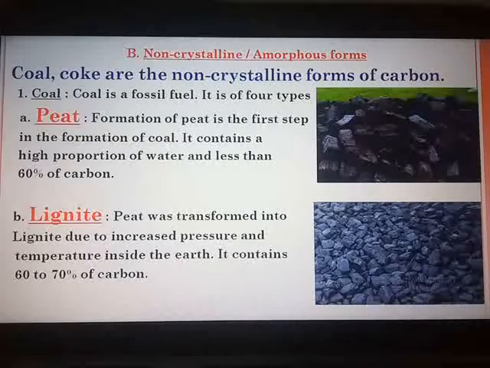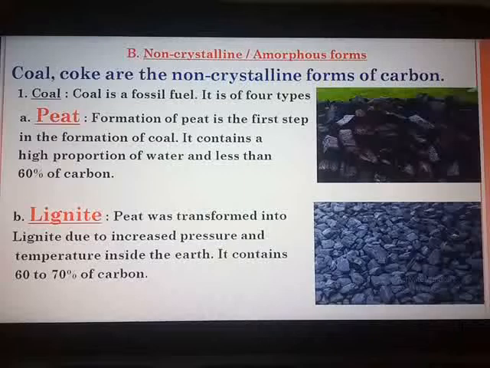Now you all know that coal is a fossil fuel. What does it contain? It contains carbon, hydrogen, oxygen. Also it contains nitrogen, phosphorus, sulfur. This coal occurs in the solid state and is of four types: peat, lignite, bituminous coal and anthracite.